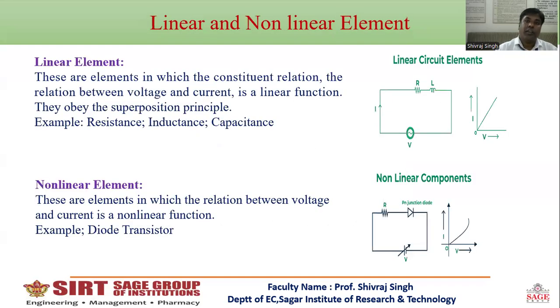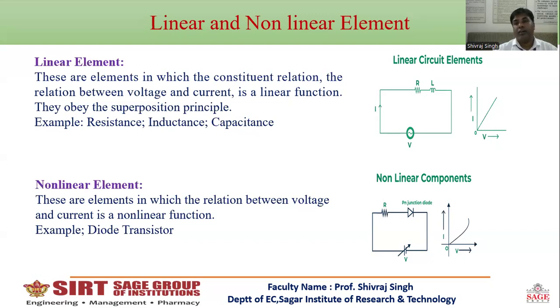Next one, linear and non-linear elements. Linear elements are the elements in which the relation between voltage and current is a linear function. They obey or follow the superposition principle. For example, resistance, inductance, and capacitance.